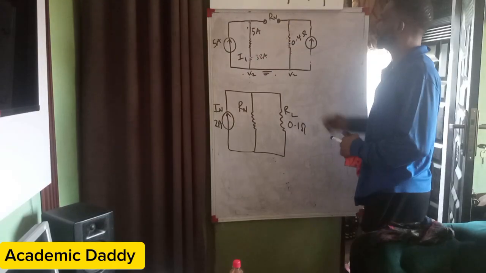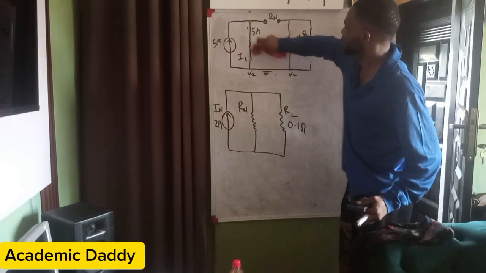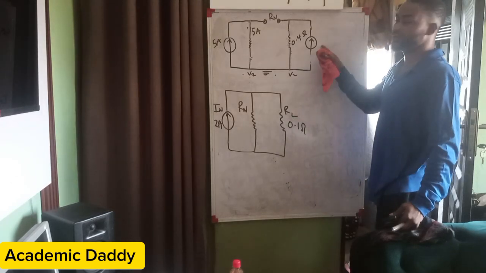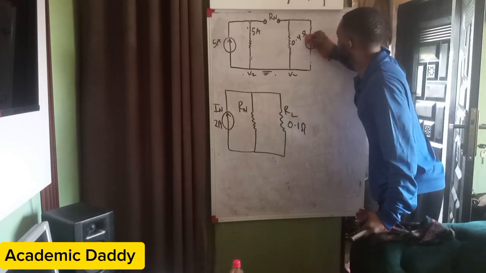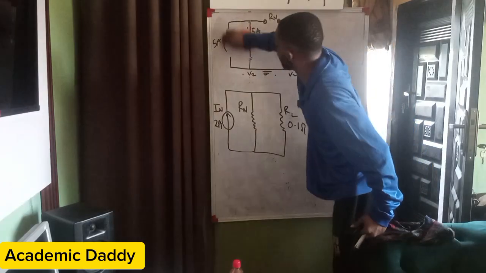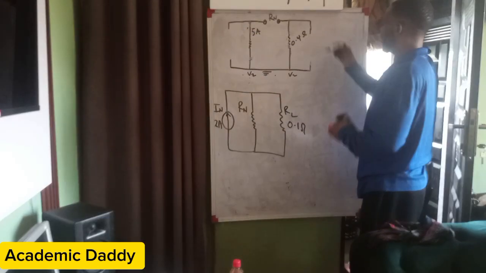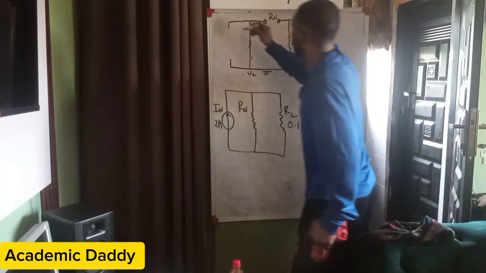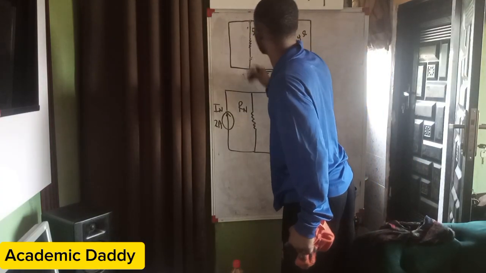So now that I have this 0.4 ohms, and then everything that is a current, when you are finding the resistance, everything that is a given current, should be short circuited, so it turns into a wire. If you have voltage, the same thing, it turns into a wire.